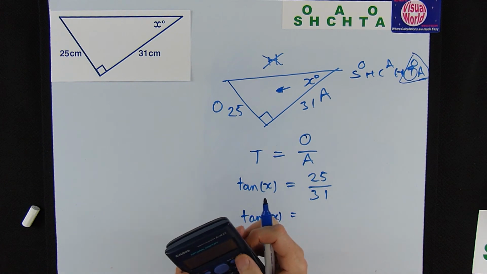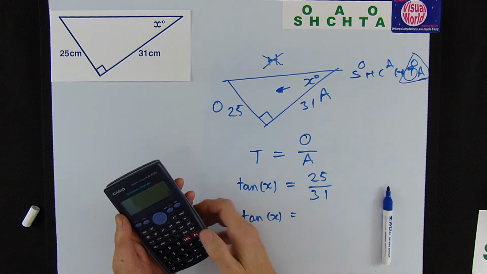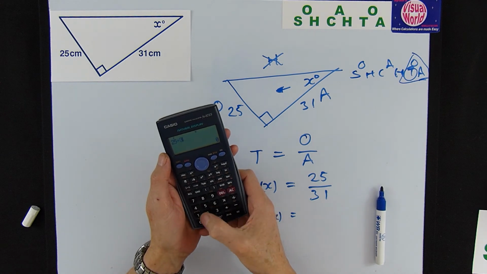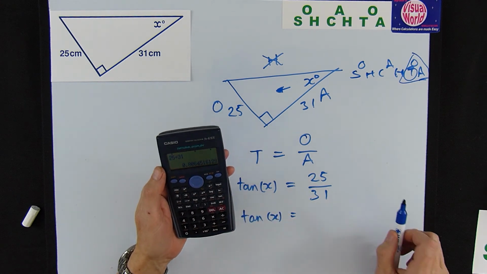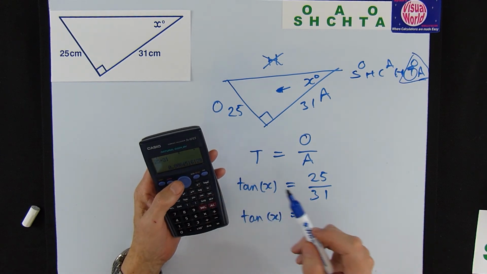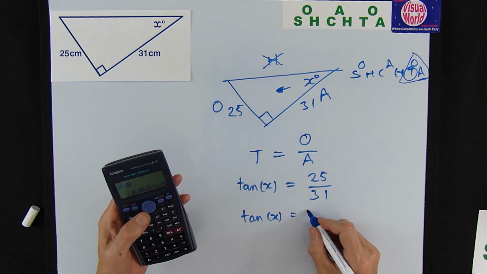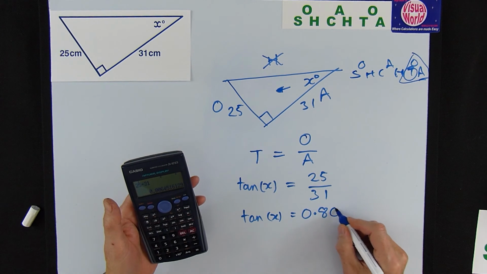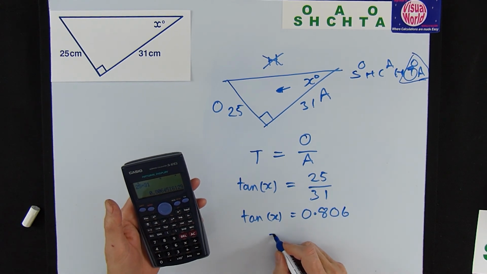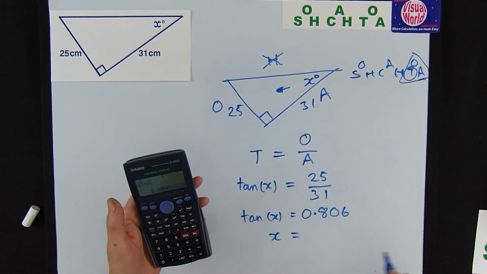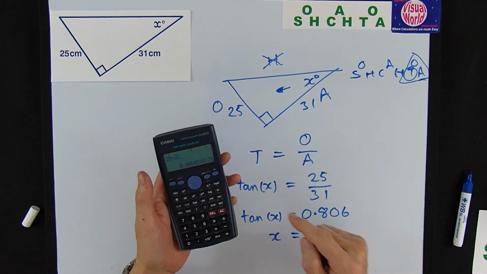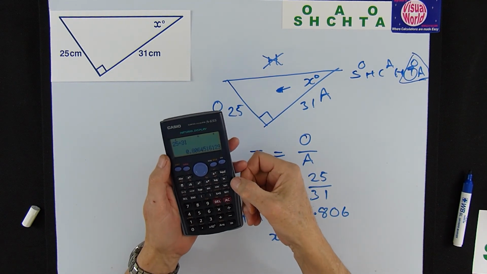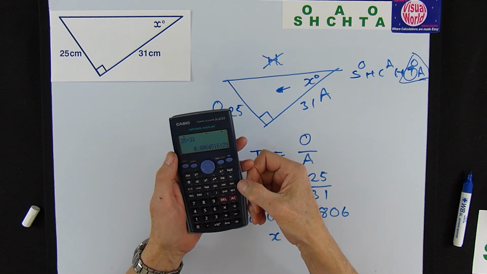We take our calculator, do our 25 divided by 31, and that gives us 0.8064. Keep at least 3 figures, although we'll hold it on the calculator. And for our final answer, to get X, we've got to get rid of the tan. So to get rid of the tan, you go shift tan or second tan, and you can see tan minus 1 is what we're actually doing, written above the tan.